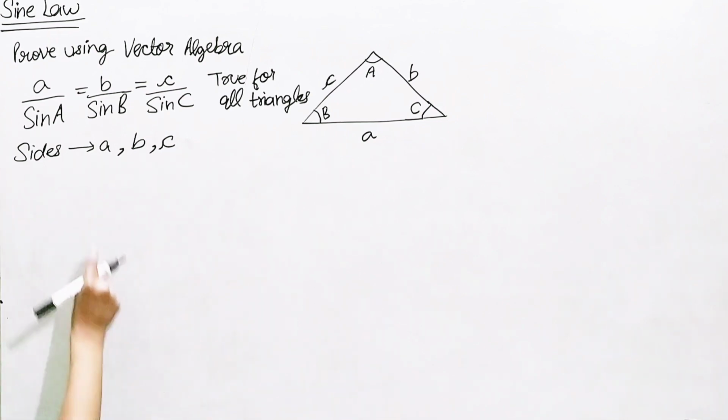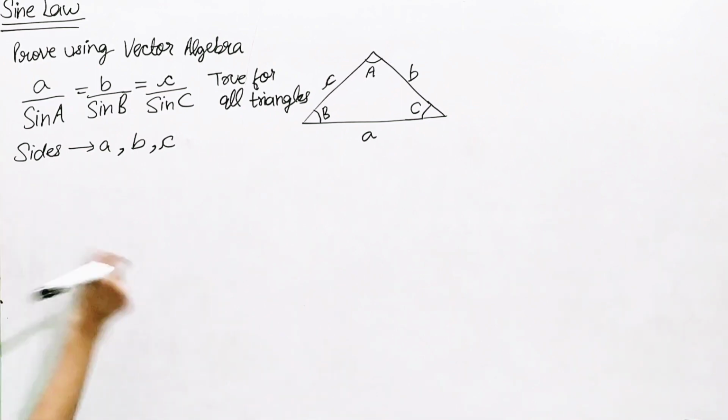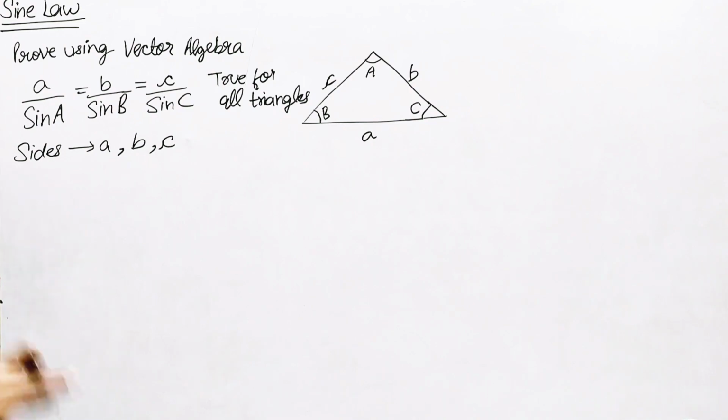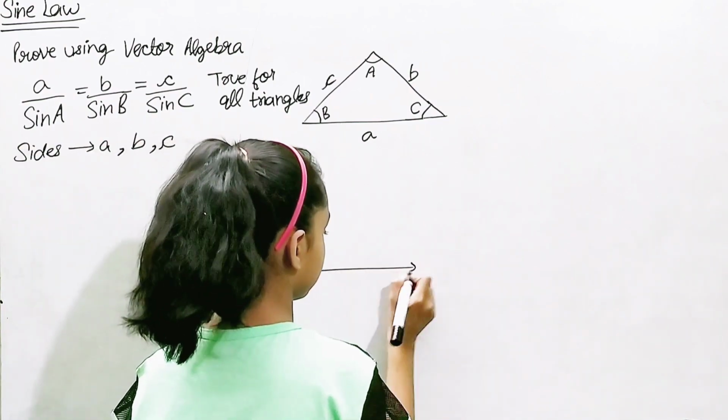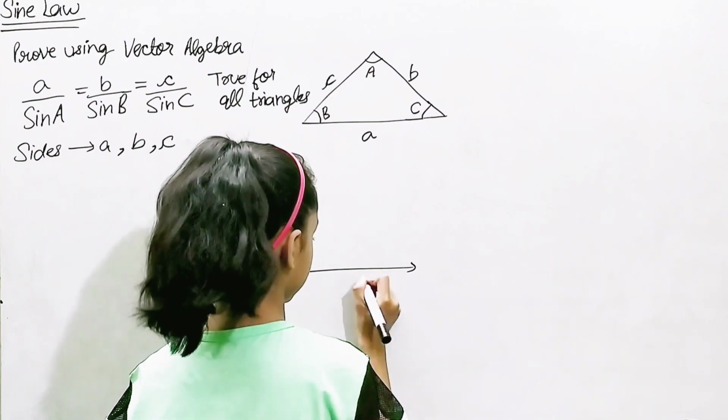For that we're going to use vectorial algebra. I hope you all know what vectorial algebra is. So now let us continue. First of all, let me make one more figure, and it is going to be like this.